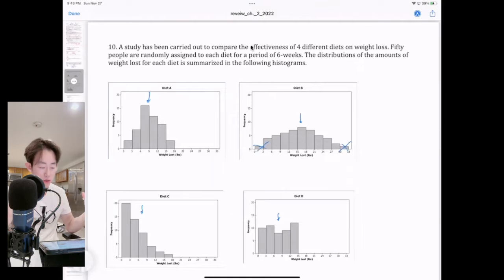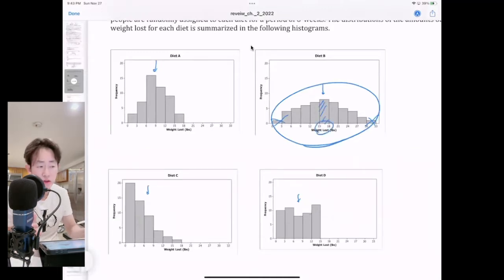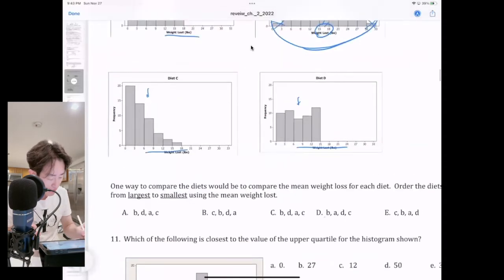Imagine adding up all those numbers and dividing by how many there are. But it's clear as day that this distribution has the highest mean, because it's somewhere between 15 to 18. The rest of them don't even really compare to that. So diet B definitely needs to be the front runner of this, because we're talking about largest to smallest for this one.